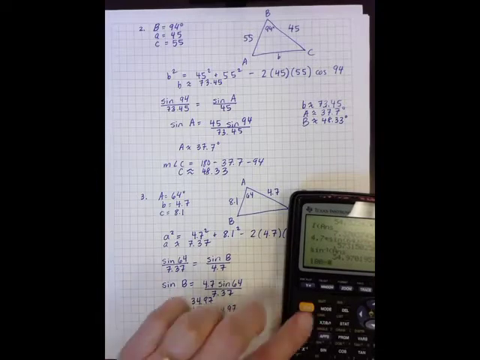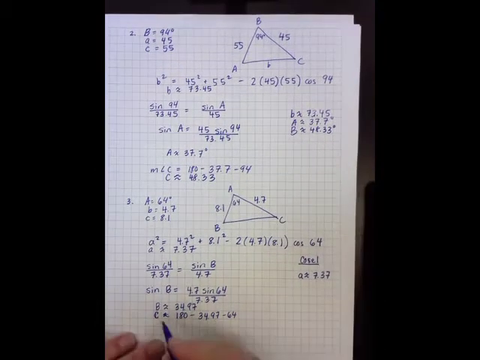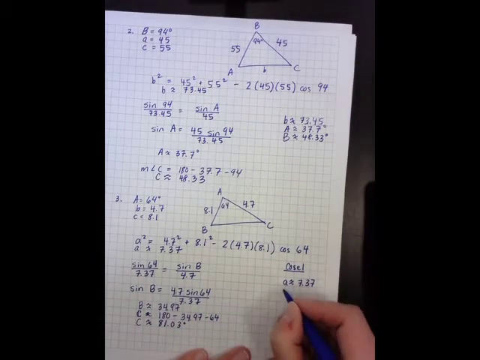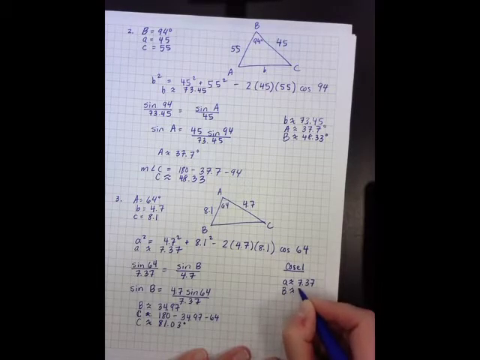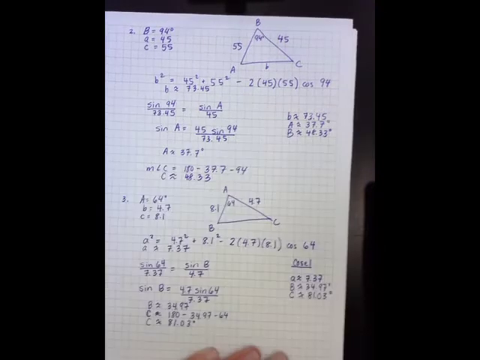So 180 minus, again, that answer, minus 64. And so C is approximately 81.03 degrees. So B is approximately 34.97 degrees, and C is approximately 81.03 degrees.